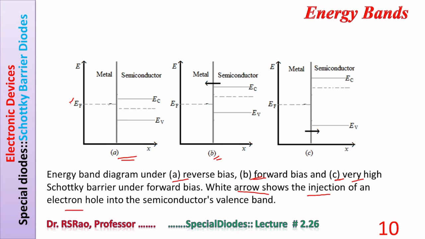As already mentioned, EF stands for Fermi level, EC conduction band level, and EV valence band level, respectively. Here, the arrow shows the injection of an electron hole into the semiconductor's valence band. It is not a white arrow, it is a black arrow.